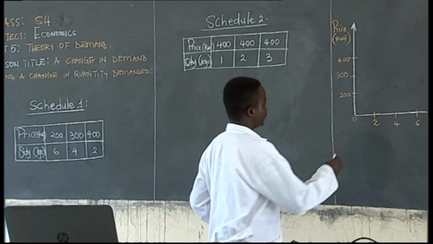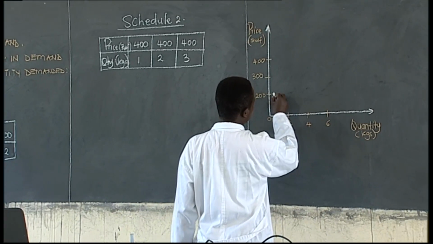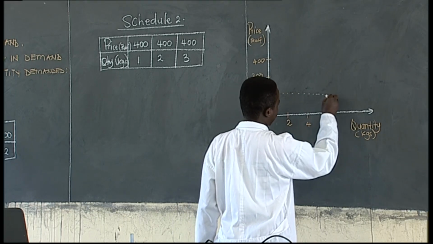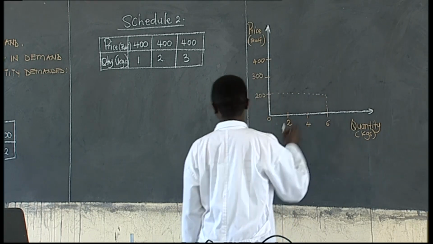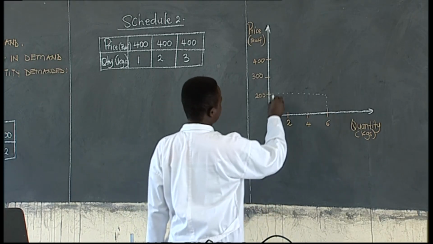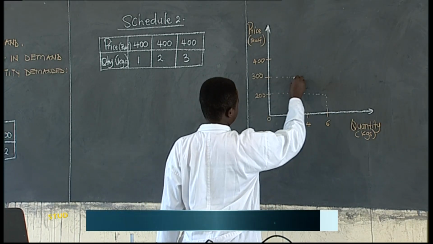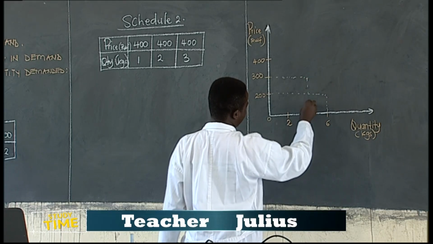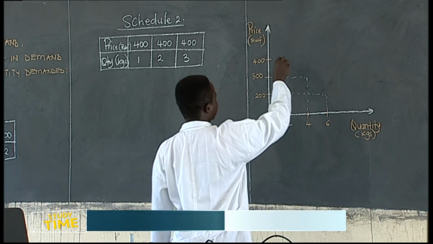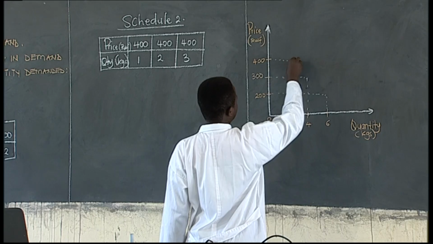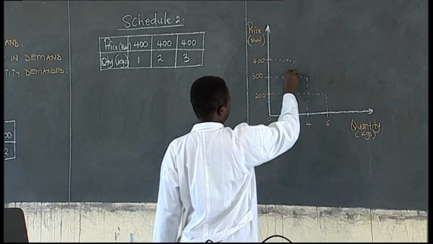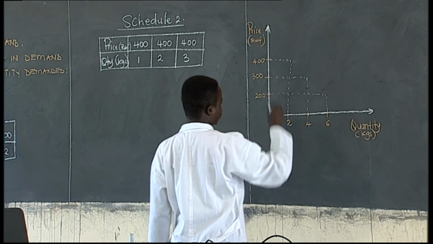So now, if you try to plot your curve here, you can see, at 300, we have 4 units of the commodity that were bought. As the price keeps on increasing, you can check that the quantity demanded keeps on reducing.